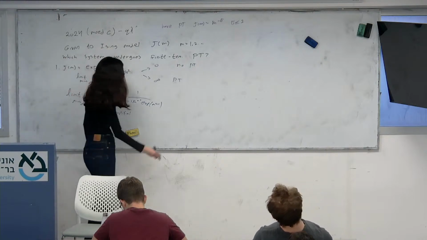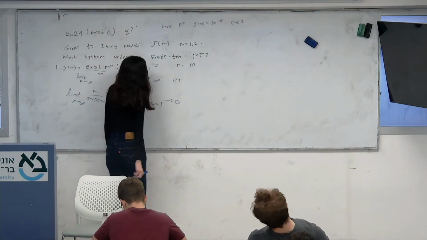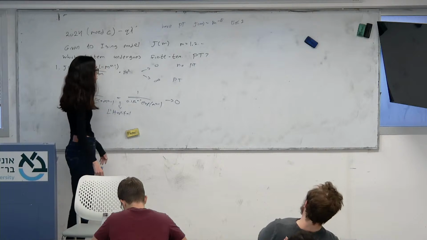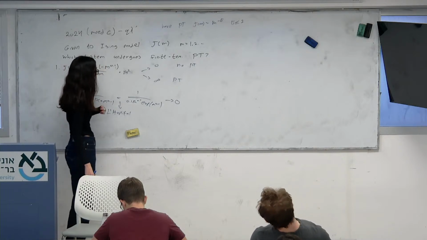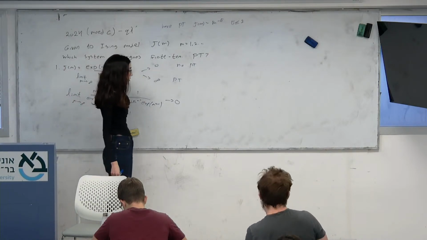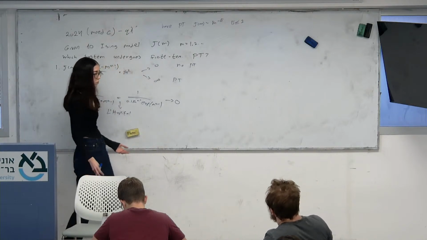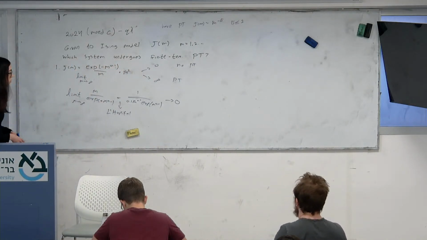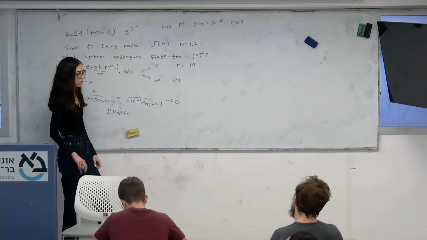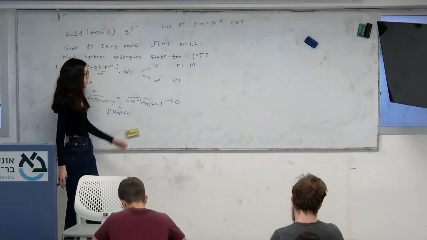As m goes to infinity, all of that goes to 0, and as you said before, we don't have any phase transition because the exponent clearly goes to 0 much faster than anything that we multiply.